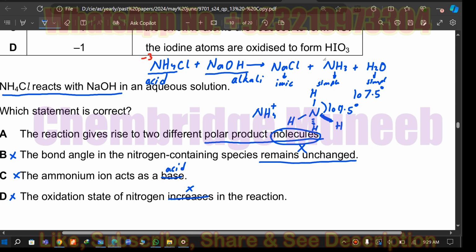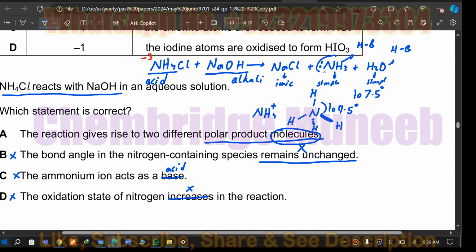So ammonia is yes a polar because it has a lone pair here. Water is also polar because it has hydrogen bonding, although NH3 is also containing hydrogen bonding. Both of them are containing hydrogen bonding, and it is there because of the great electronegativity difference between hydrogen and the nitrogen and oxygen elements.